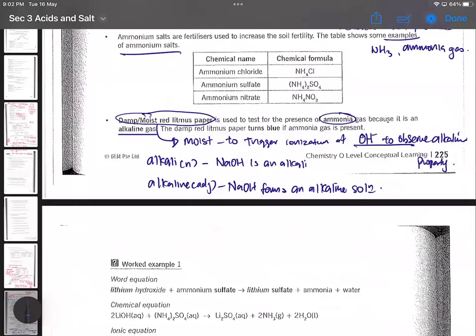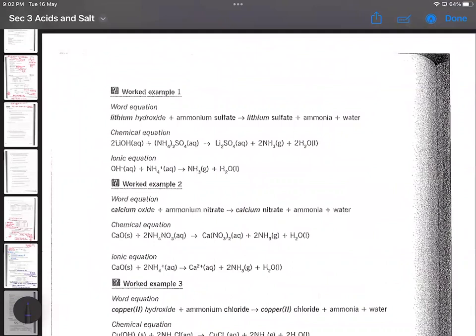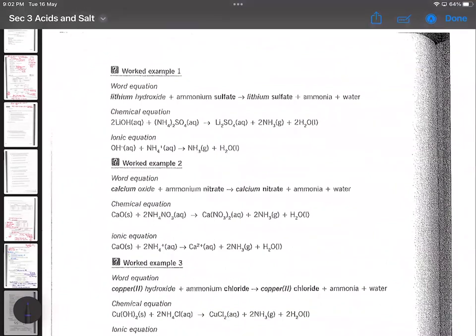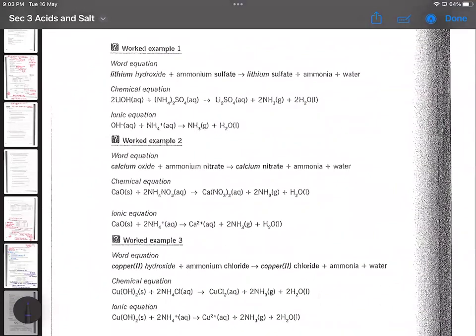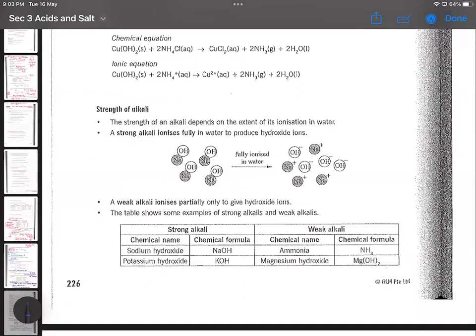Okay, let's go to the next page. So again, construction of reactions we'll do next week. You can see over here, most of them will form salt, ammonia gas, and water, and so on. So this one, nothing much. Okay. Strength, same sheet again.